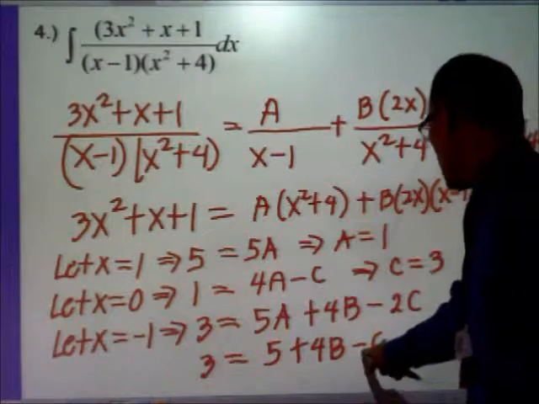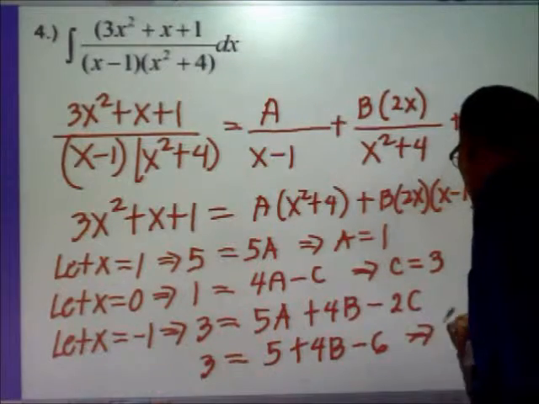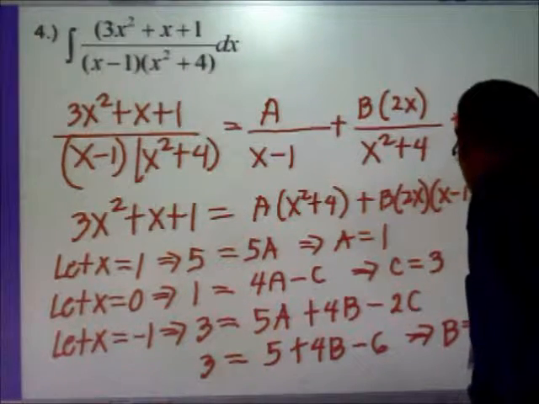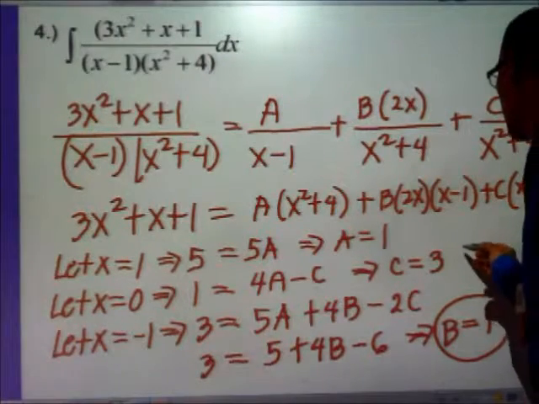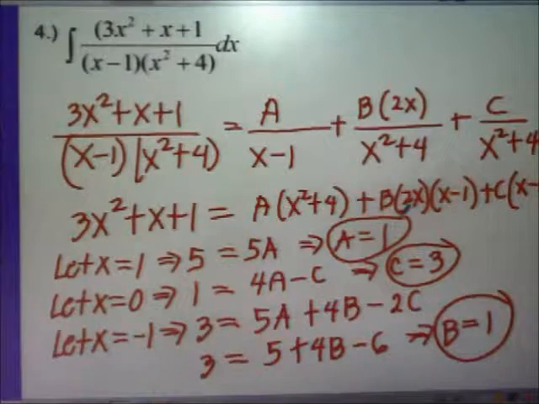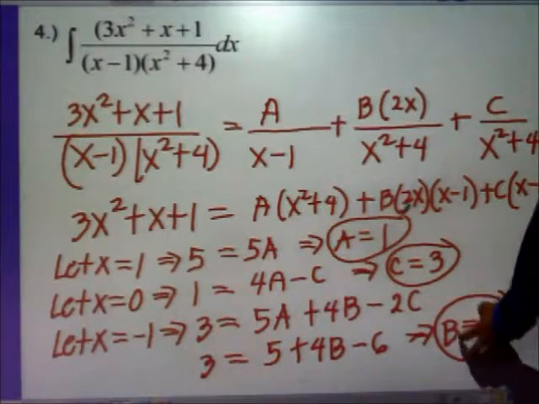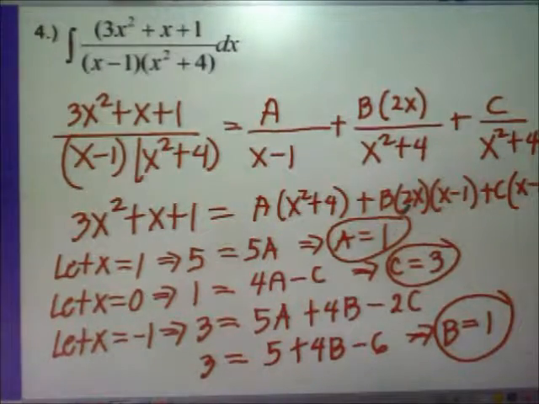This one here is a negative 1, plus 1 is 4, that means b is also 1. So we got these values: 1, 1, 3. We can now plug these values in here, a, b, and c. So 1, 1, 3.